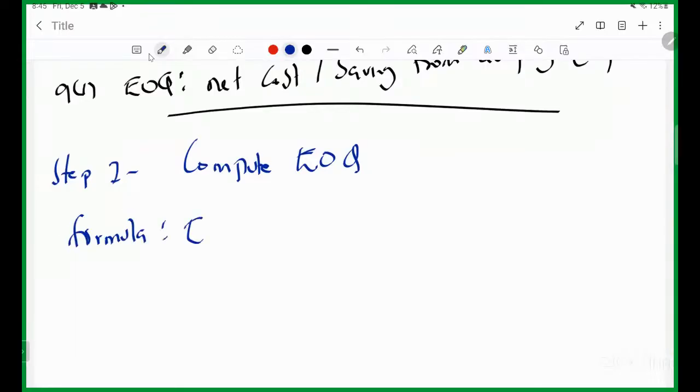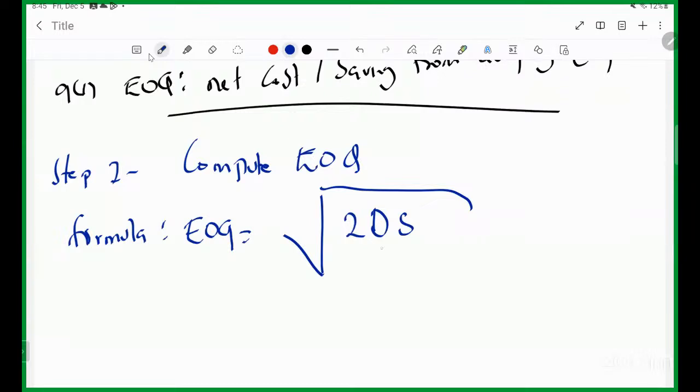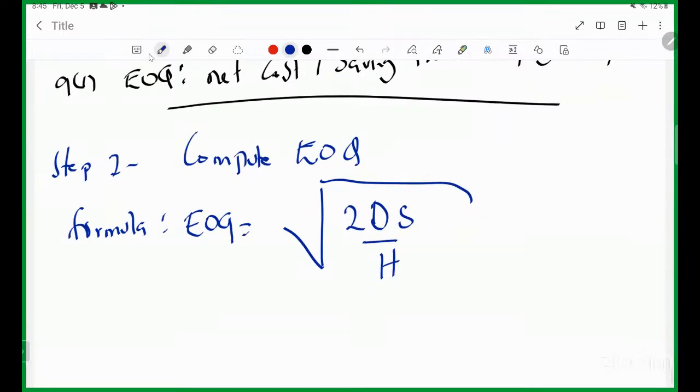Formula of EOQ is the square root of 2 times demand times ordering cost over the holding cost. Talk it. My friend, when you talk it, if you have time, you can actually tell him D stands for annual demand, S stands for this, H stands for this. Proceed. Now plug in the numbers in the formula.